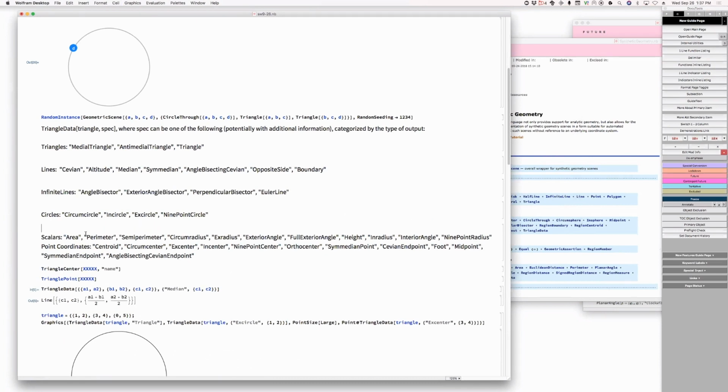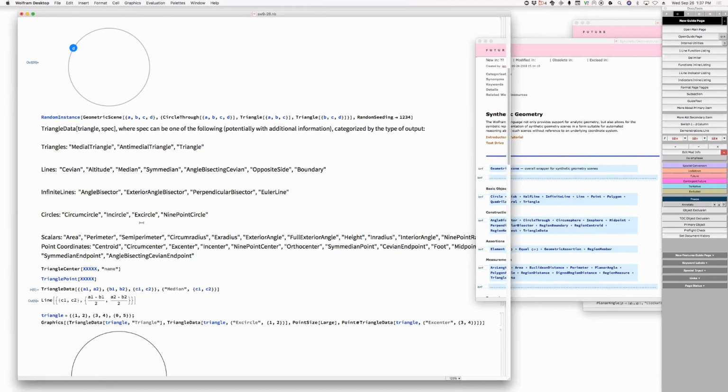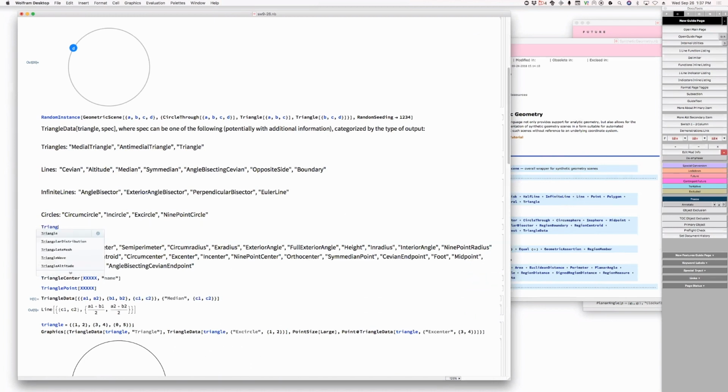Okay. So first of all, these circles. Circumcircle takes a triangle. It's the same as circumsphere, but it returns a circle instead of a sphere.